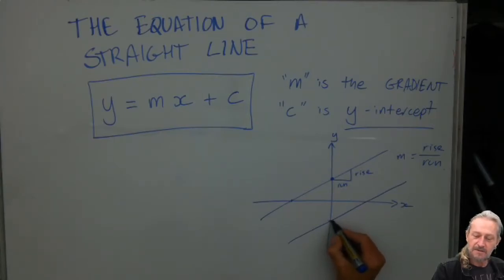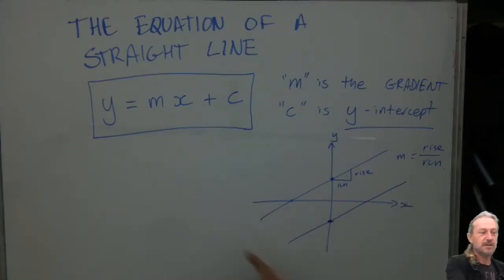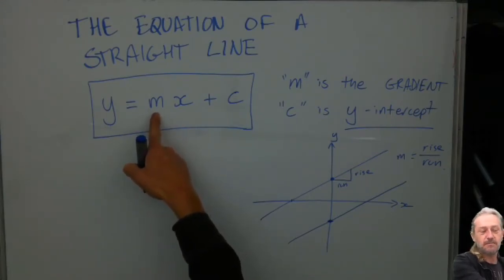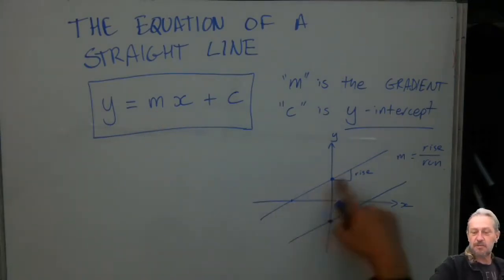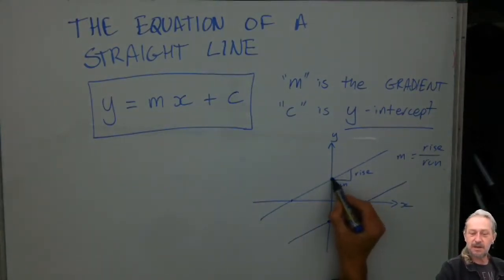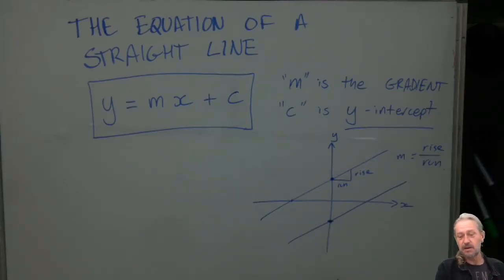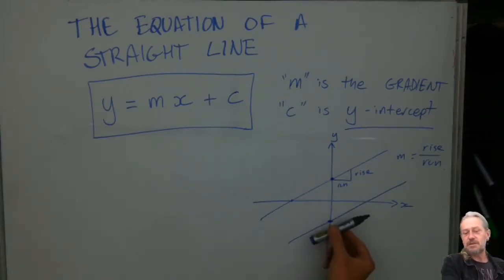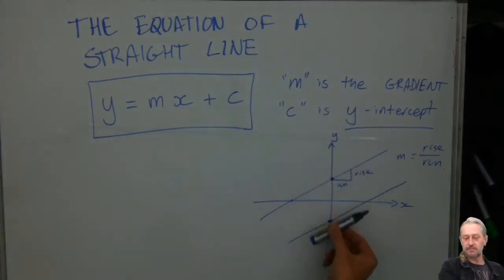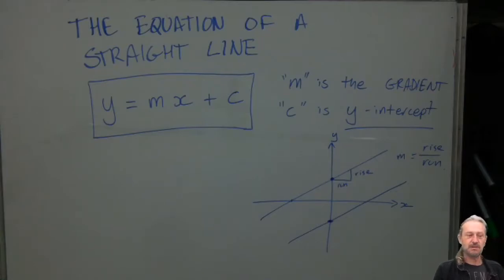But the thing that would be different is the point where it cuts through the y-axis. So this value of m would be the same for both of these lines, but the value of c, this one's up here positive something, this one's down here negative something. So lines with the same slope can cut through the y-axis at different points.